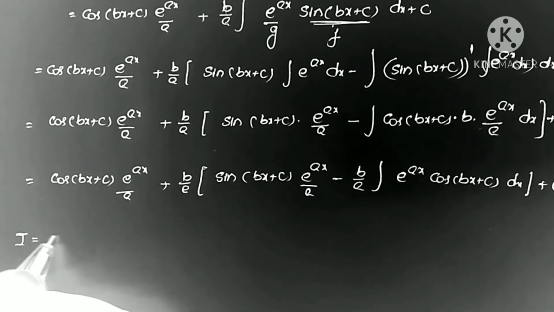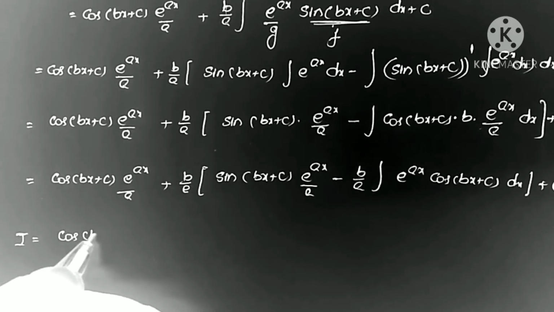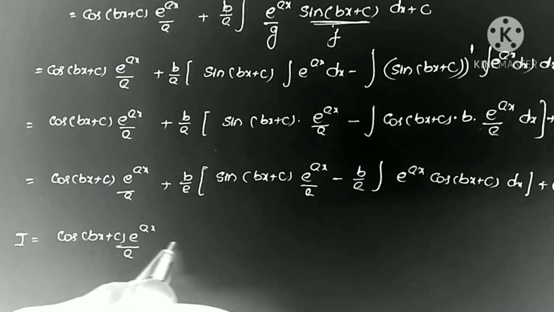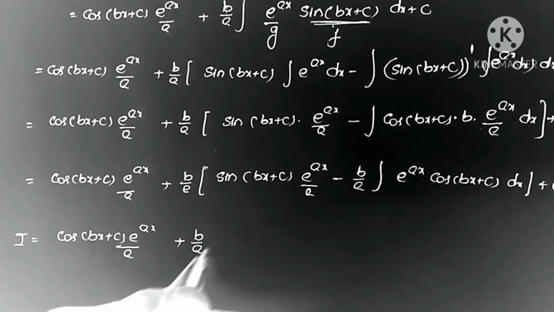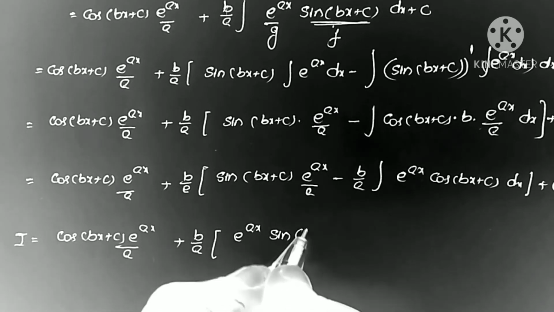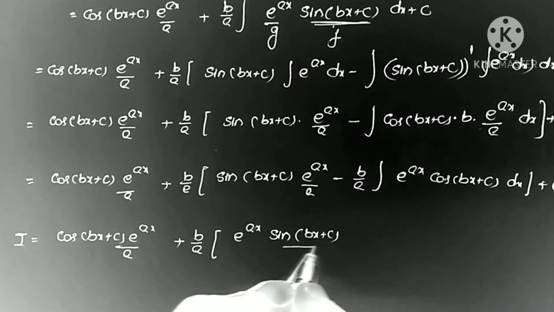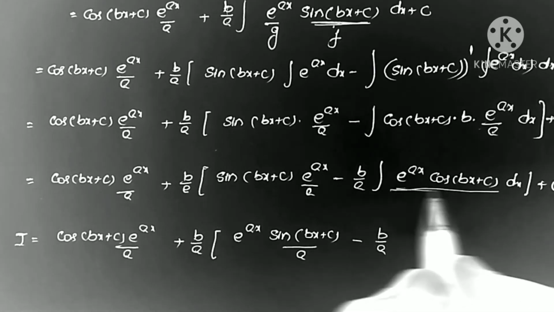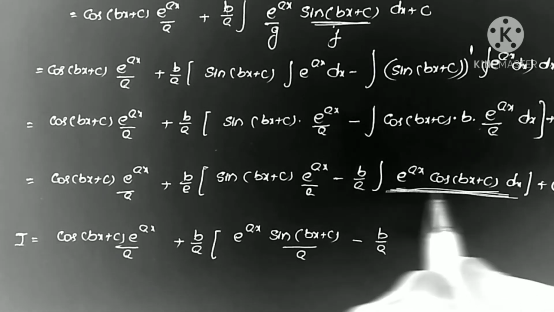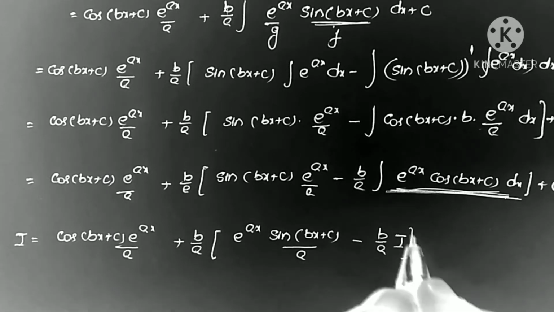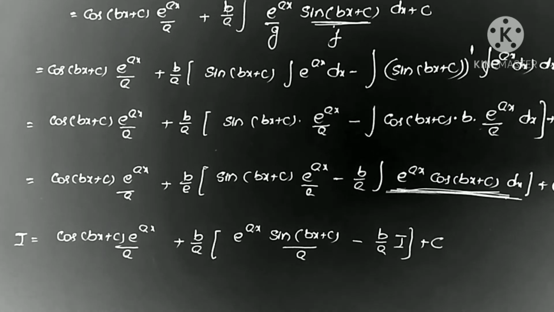Therefore I is equal to cos(bx plus c) into e power ax by a plus b by a into, again, e power ax into sin(bx plus c) by a, minus b by a into integral e power ax into cos(bx plus c) into dx. This is nothing but the given problem, and we take this value as I, so into I plus c.